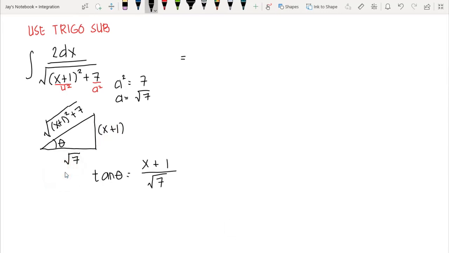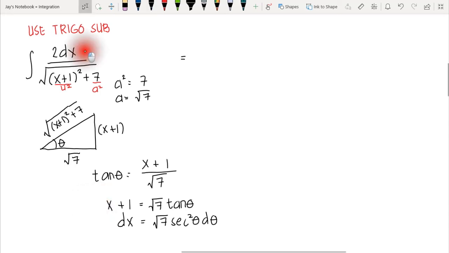So we can say that x plus 1 is equal to square root of 7 tangent of theta. Now, since we have the derivative of x here, we need to differentiate this. The derivative of x is equal to square root of 7 secant squared theta d theta. Now let's substitute everything in this formula.